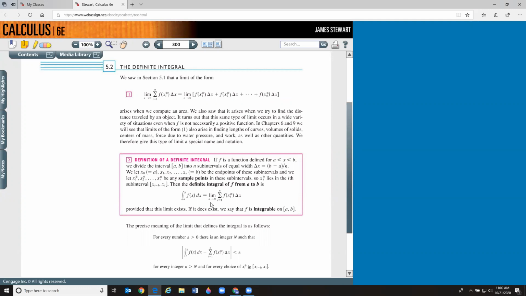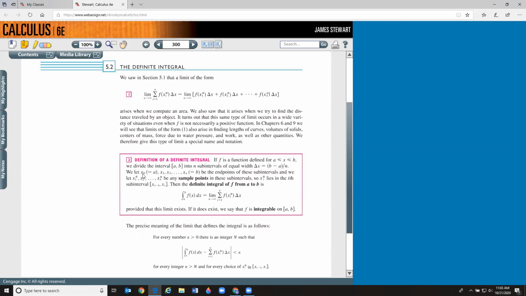The definition says that the definite integral is, if a function is defined on the closed interval from a to b, we're going to divide that interval into n sub-intervals of equal width. Delta x symbolizes the width of an arbitrary interval, and it is b minus a, which is right end minus left end, divided by n.